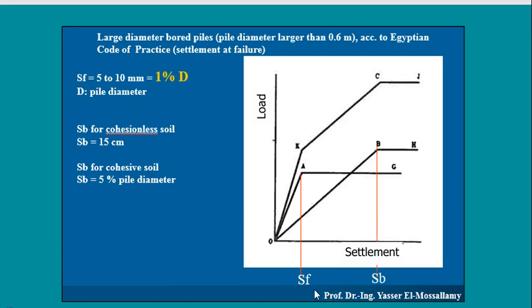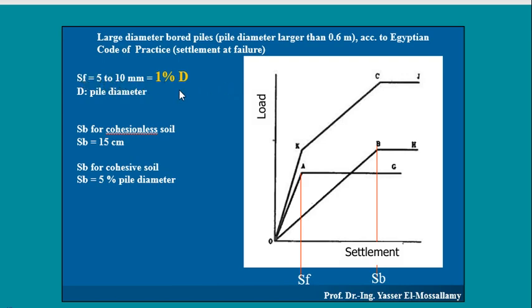So SF, which is the settlement corresponding to point A, is 5 to 10 millimeter or 1% of diameter. So I take 1% of the diameter. I will calculate it, say the diameter is 800, so 1% is 8 millimeter. So 8 millimeter is in between 5 and 10, so it is okay, I can use it.